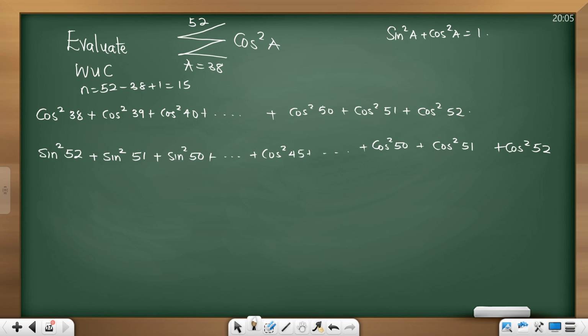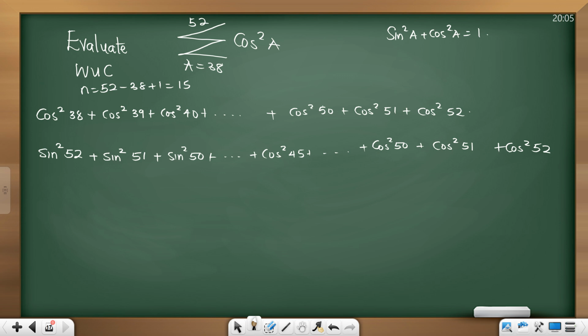Now, which one is in the middle? I start counting from 38. Count 7: 38, 39, 40, 41, 42, 43, 44. That's the top 7, which will pair with the bottom 7. But which one is in the middle? 45. Clever. And it's a special angle.